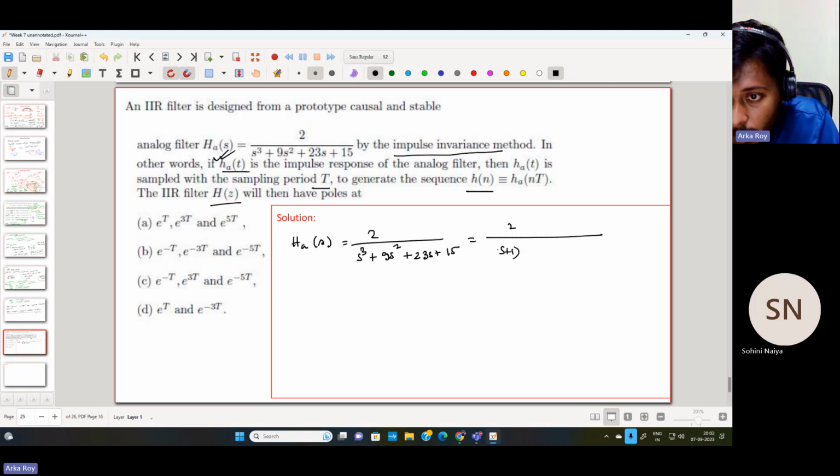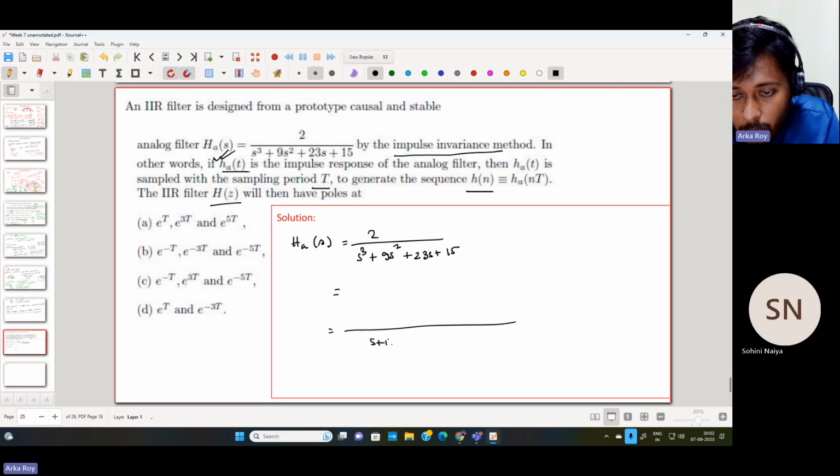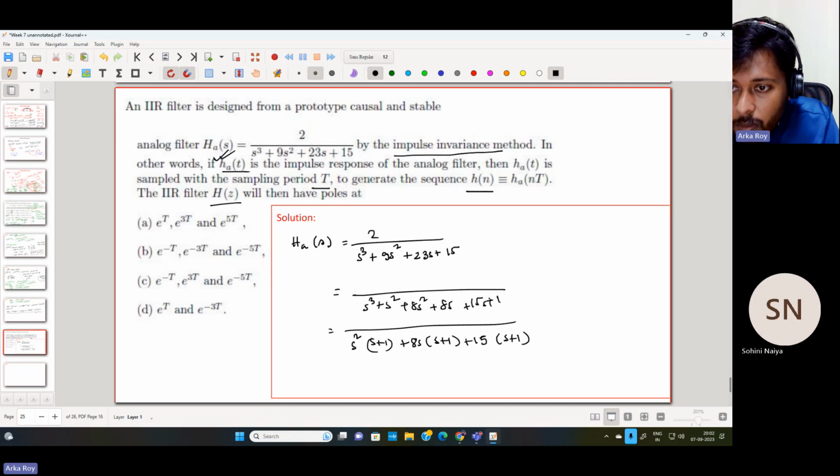So s plus 1. There is a factorization technique. So s plus 1, and then again s plus 1 and s plus 1. So it will give you s cube plus s square, plus 8s square, then 8s, then 15s plus 15.